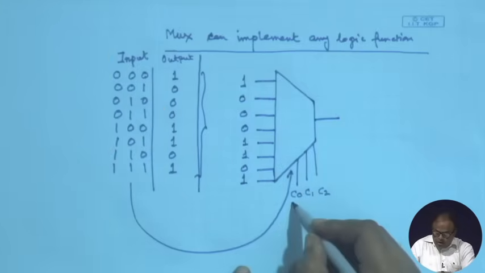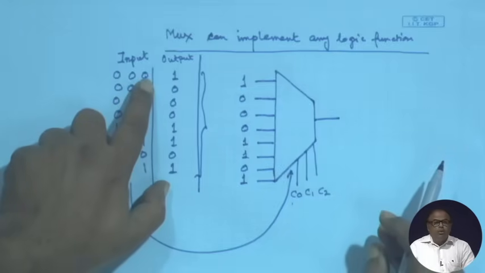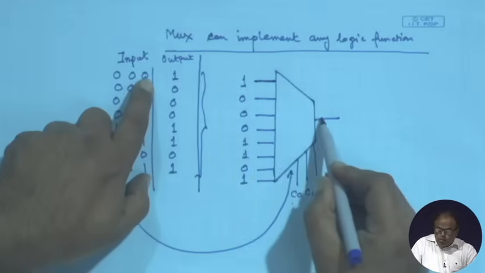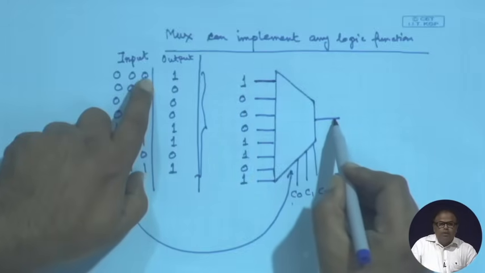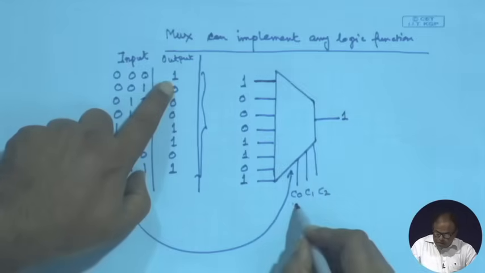Depending on whatever the input is, if the input is 0, 0, 0, that means this input line will be propagated to the output. So, I will have the output to be 1 if the control is 0, 0, 0.